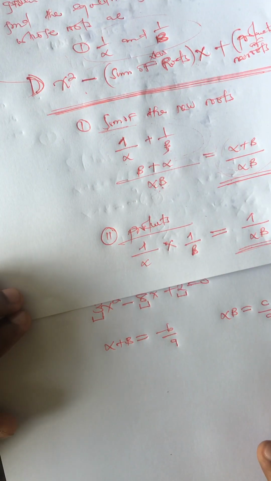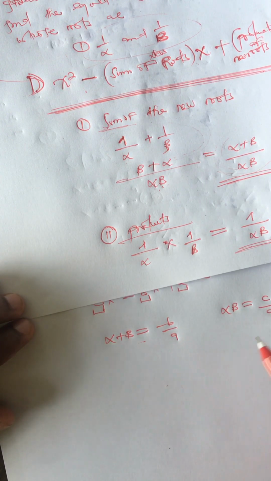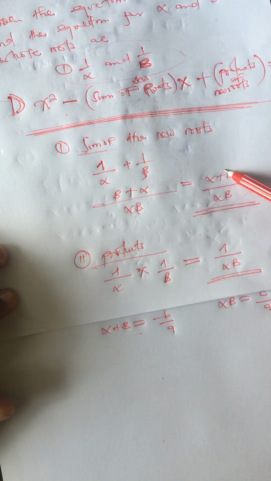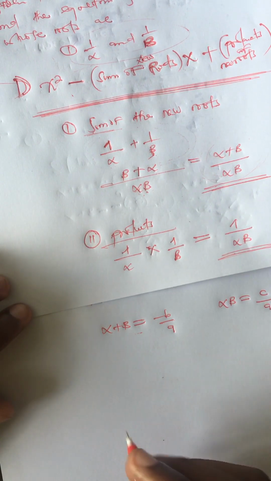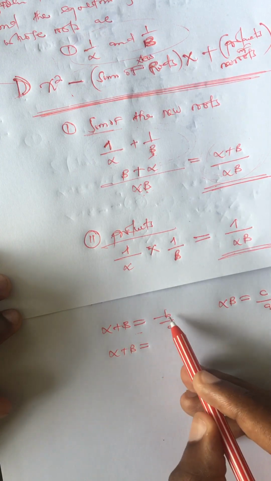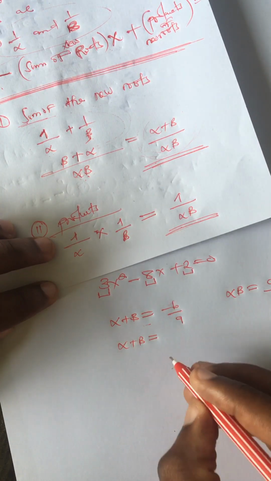Then from there we can proceed to find the alpha plus beta, then the alpha beta, so that we can replace them here. We find the product of the new roots and the sum of the new roots. So alpha plus beta: B is what? From this, B is negative 8.